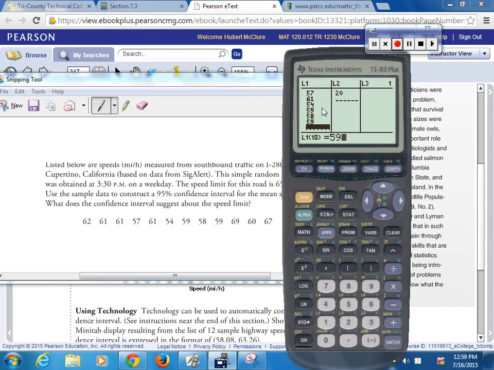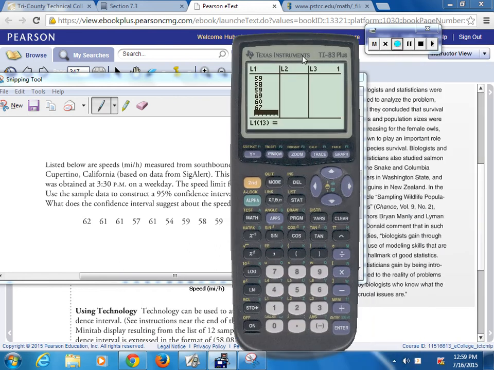Let's see, 54, 59, 58, 59, 69. Sorry. I wanted to make sure I was right before I changed it. 69, 60, and 67.